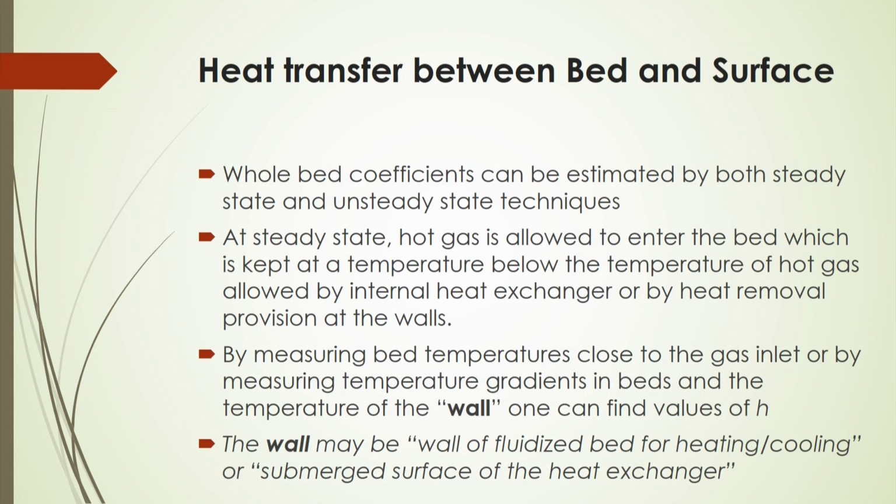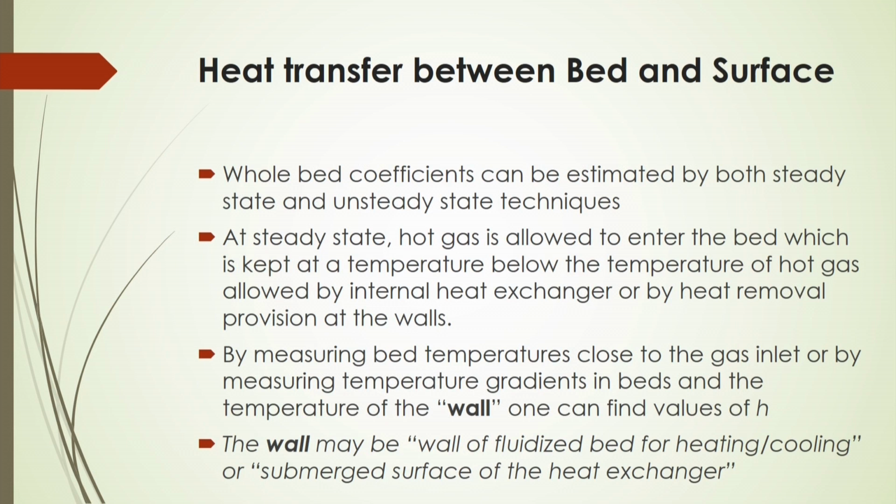At steady state, if we supply hot gas to enter the bed, which is kept at a temperature below the temperature of the hot gas, that is allowed by an internal heat exchanger or by heat removal provision at the walls, then by measuring the bed temperature close to the gas inlet, or by measuring the temperature gradient in the bed and the temperature of the wall, one can find values of the heat transfer coefficient.